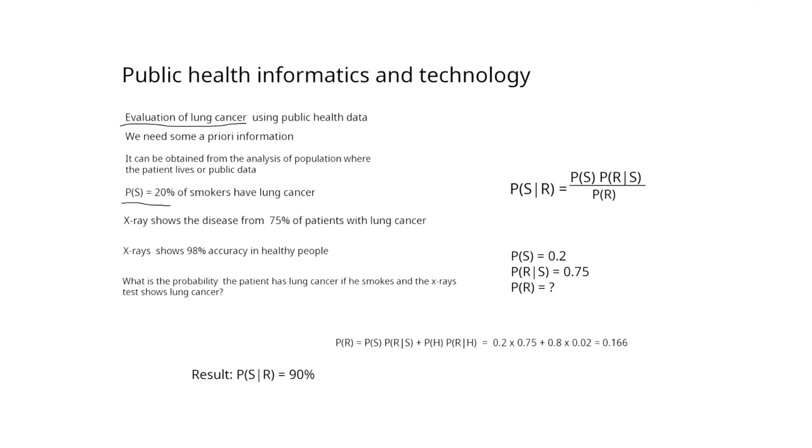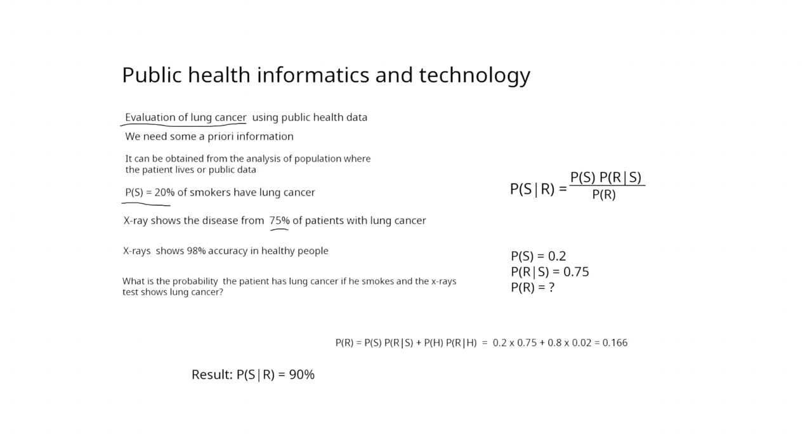Now, another thing is that the doctor knows from medical clinical observation that the accuracy of X-rays to diagnose and detect lung cancer in patients who have lung cancer will be 75%. Sometimes this number varies.